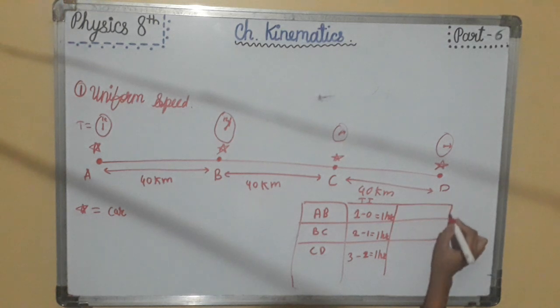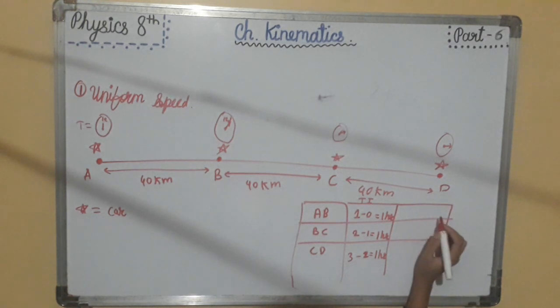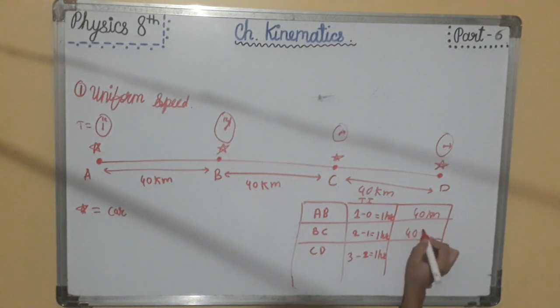Here the distance covered is 40 km for AB, 40 km for BC and 40 km for CD. So we observe from the table that the distance covered with respect to the time interval during AB, BC and CD is the same.